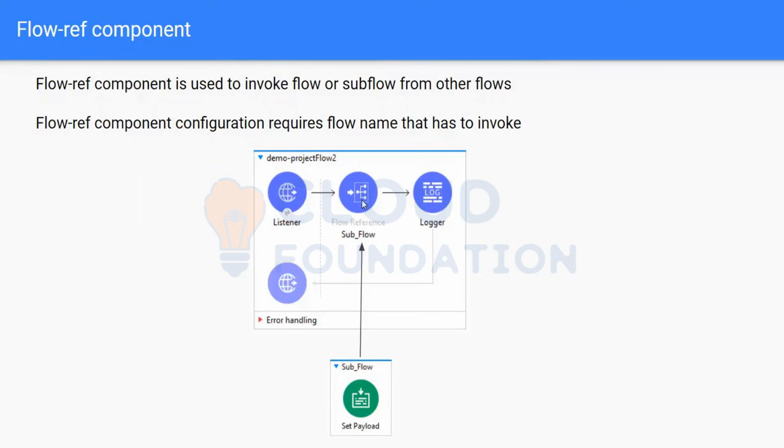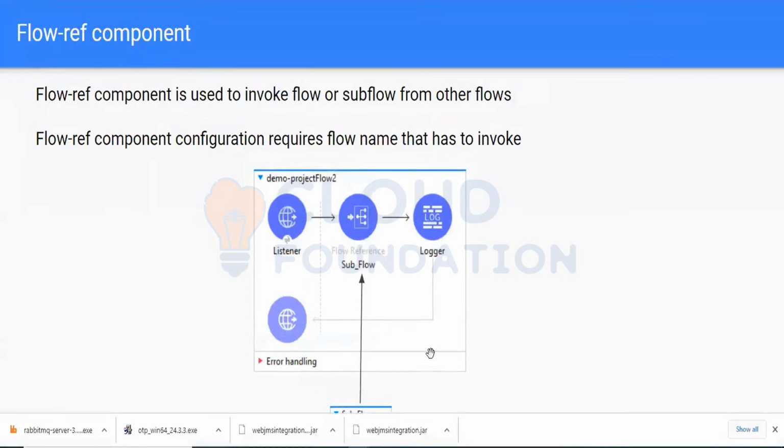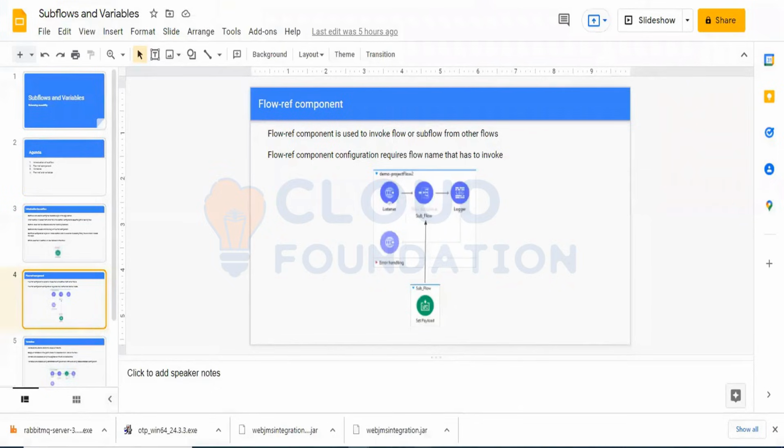So after the flow reference, the flow looks like listener, set payload and logger. You can visualize the flow, right? The set payload replaces the flow reference, and the flow becomes like that. Got it. I see. Okay, now the question I come to.